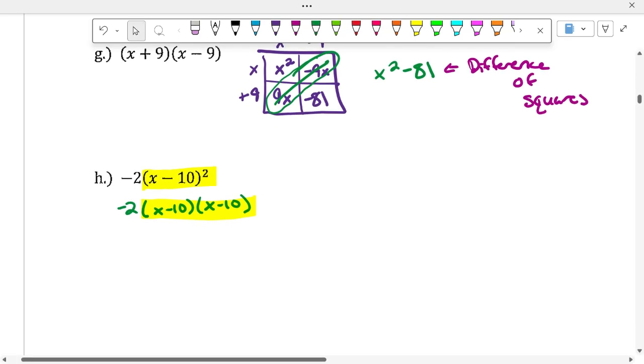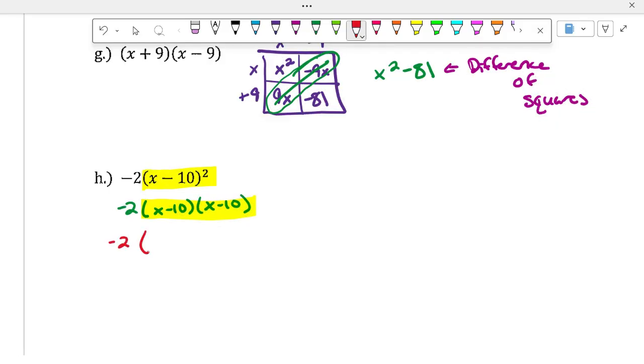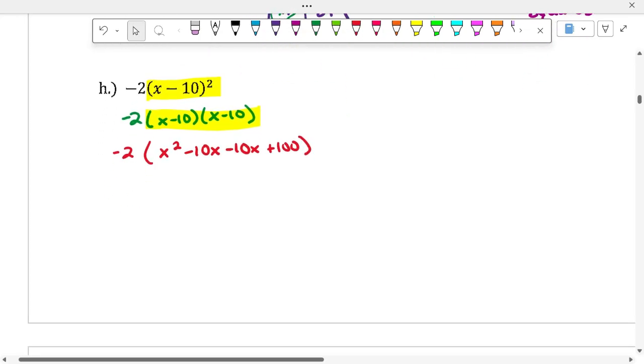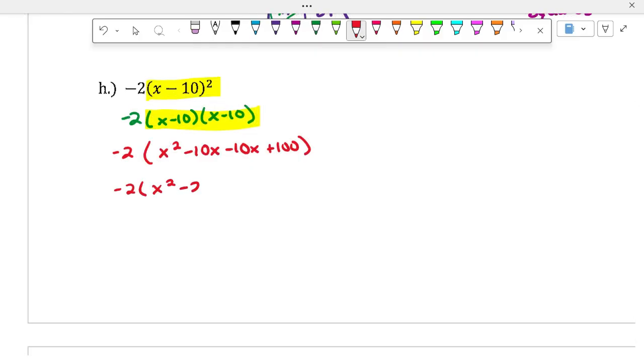Now, for time's sake, I'm just going to do a quick FOIL. So this will be negative 2 times x squared minus 10x plus 100. So I just did a very, very quick FOIL. So if I combine like terms, it's negative 2 times x squared minus 20x plus 100.